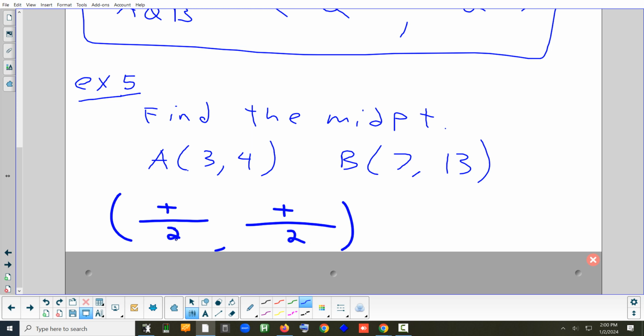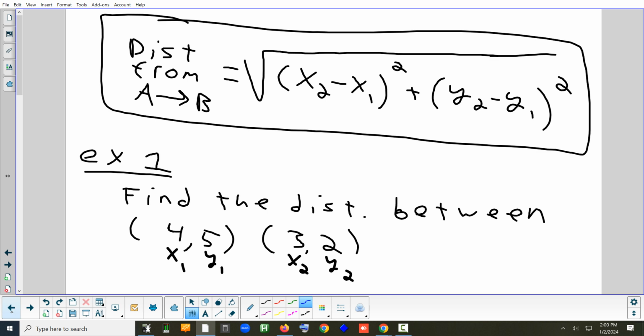Okay, so there's the template you're going to plug into. What's going to go in the numerator of the first fraction? 3 plus 7. Now, big difference here, and some people mix this up. When you're doing the midpoint formula, there's an addition. When you're doing the distance formula, there are subtractions. So you just want to remember each formula correctly.